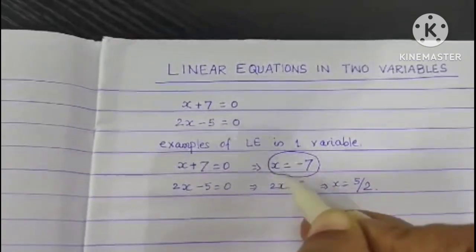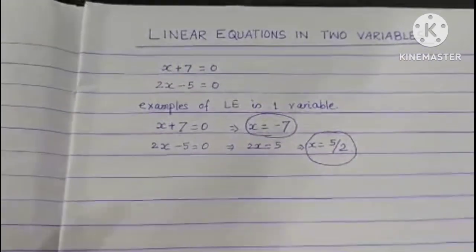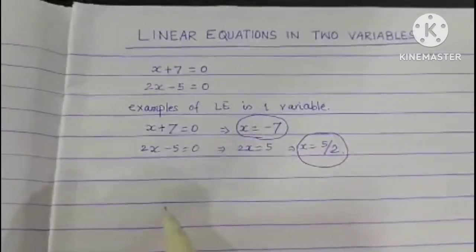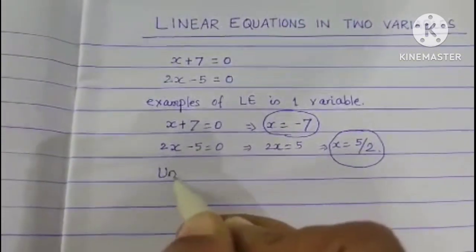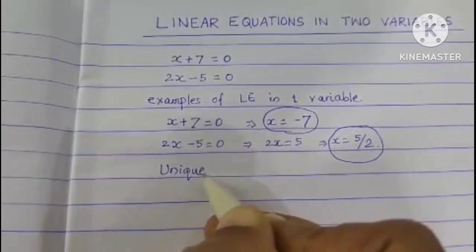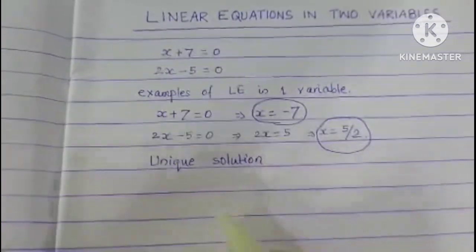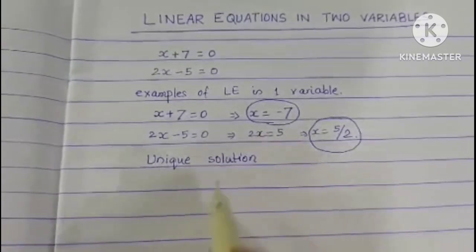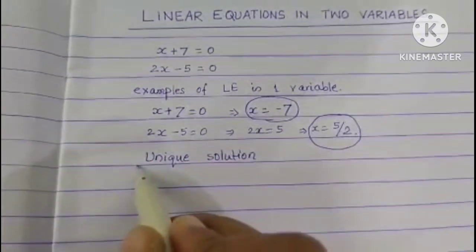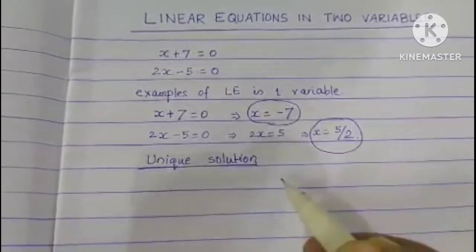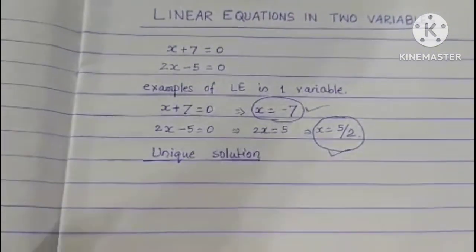So what you see is that the solution is unique, that is one and only one solution. So solution of a linear equation in one variable is unique. Later on we will see that the solution of a linear equation in two variables is not unique. But let's understand this one. This is a unique solution, means only one solution. You cannot have two solutions.